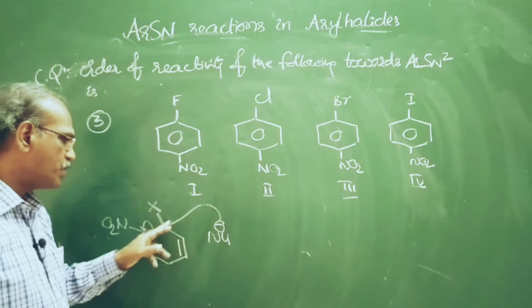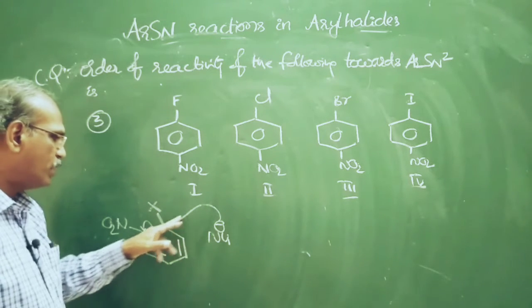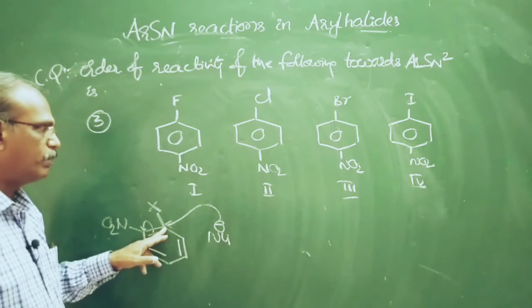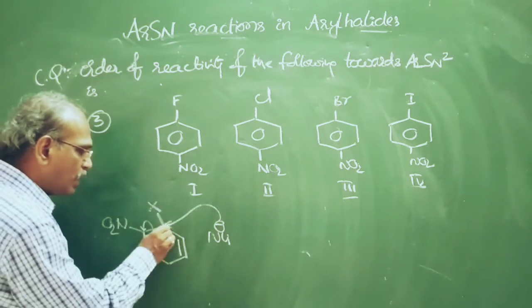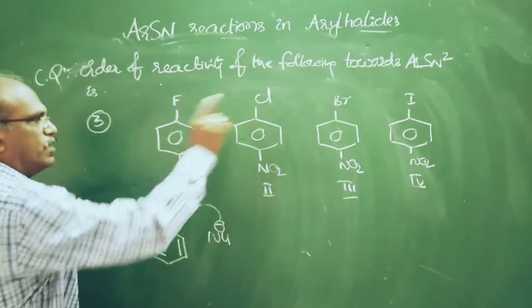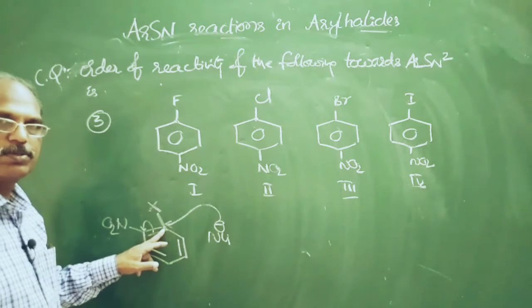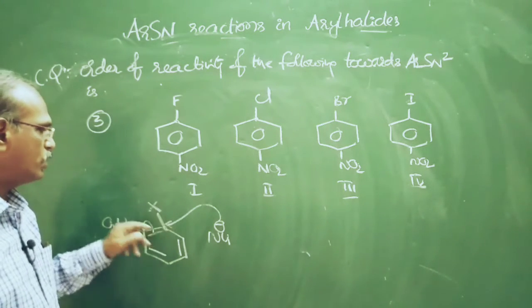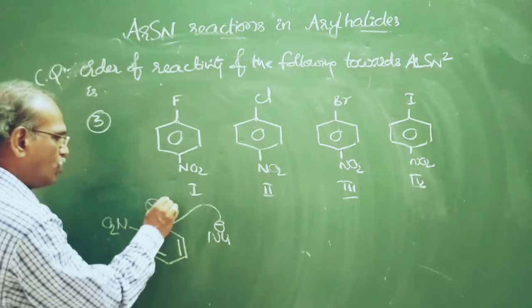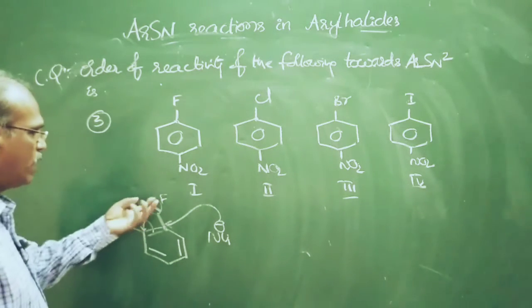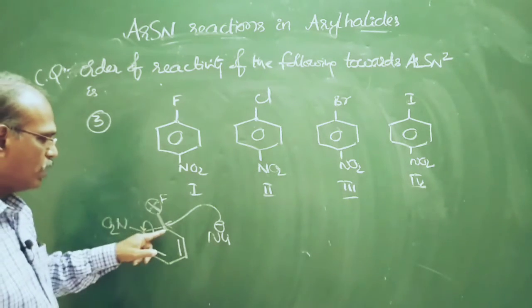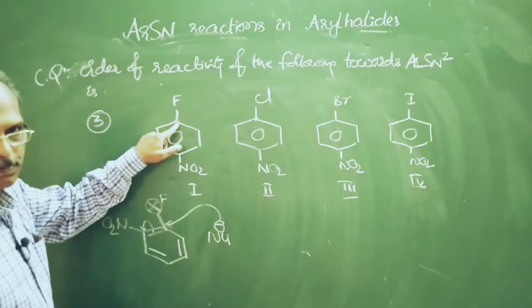See, if it attacks here, it prefers this carbon in the first step. So which carbon among all these has more positive charge? If X is equal to F, because of its high electronegativity, more positive charge is developed.